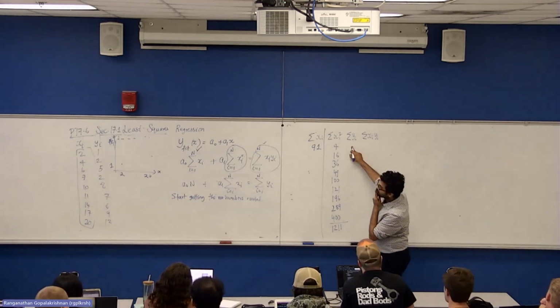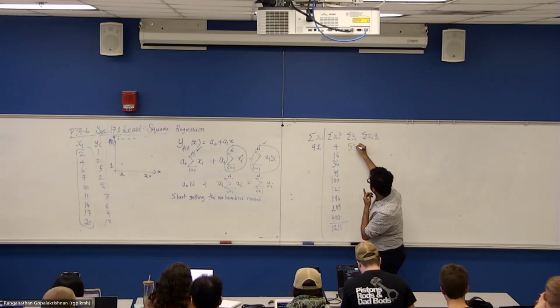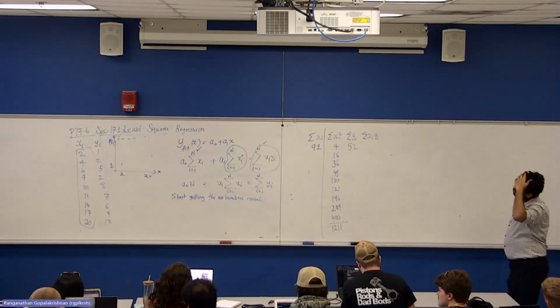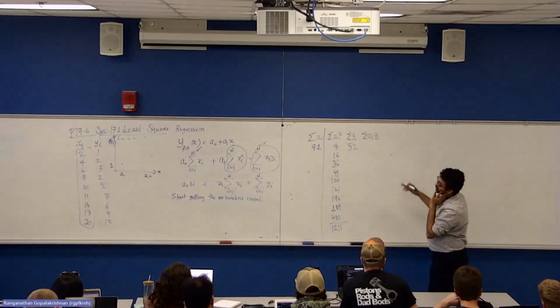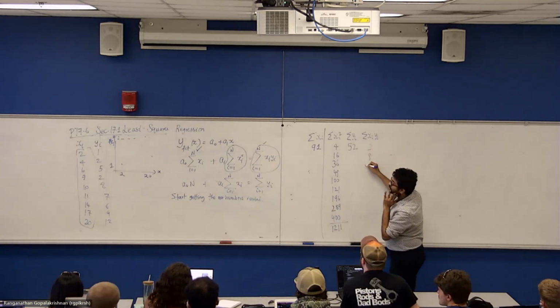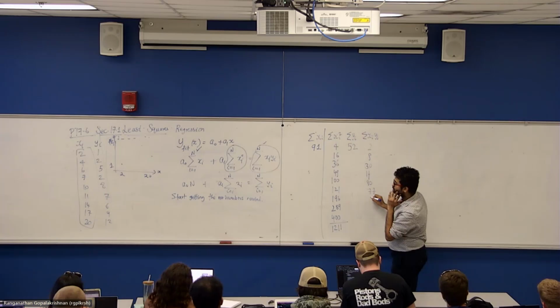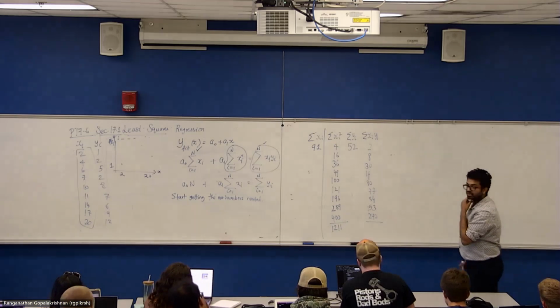So sigma y: 31, 40, 52. Okay, sigma xi yi: 688.